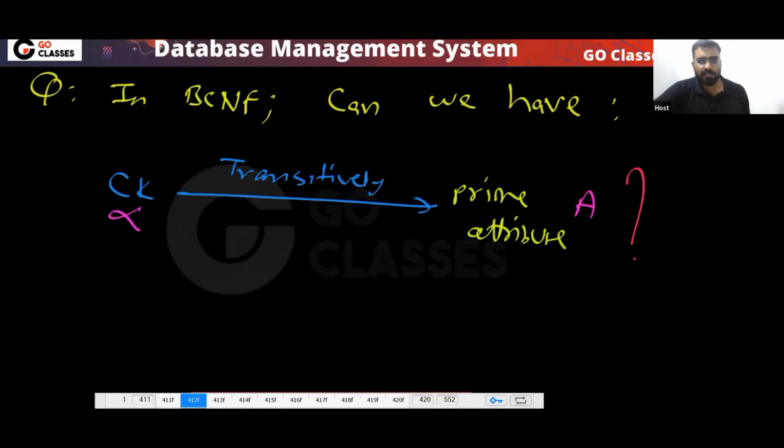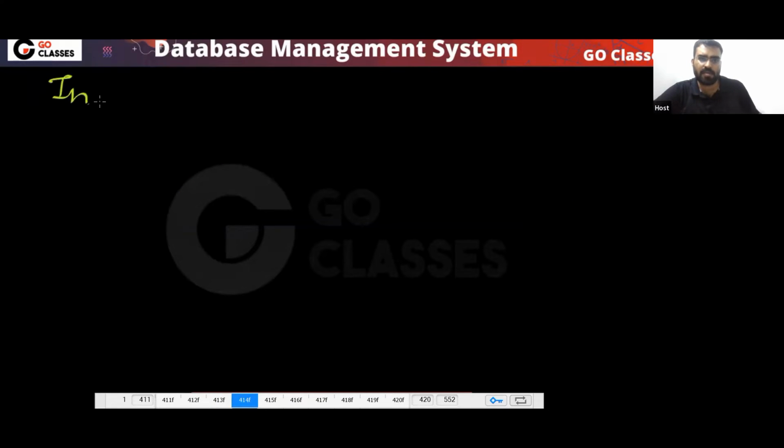Now you tell me, in BCNF, can we have this? Let's assume BCNF, and let's assume this is a candidate key.